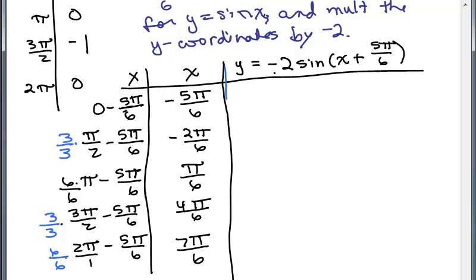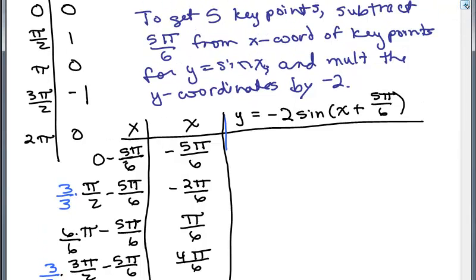So what happens is, I don't just get to take the y-coordinates up here. Let's look at those y-coordinates: 0, 1, 0, negative 1, 0. I've got to multiply them by negative 2. So I have to pay attention to this part right here, multiplying each of my y-coordinates by negative 2.